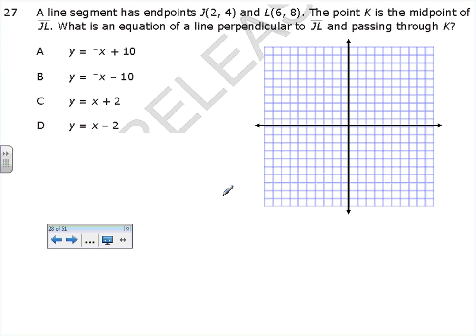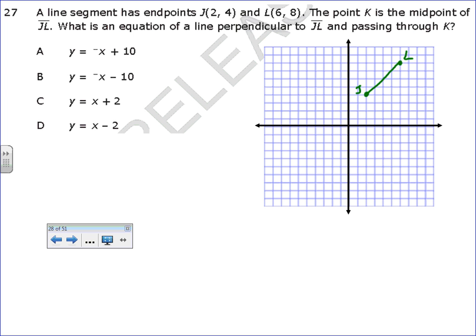Okay, so I need to go over 2 and up 4. That's J. And over 6 and up 8. That is point L.